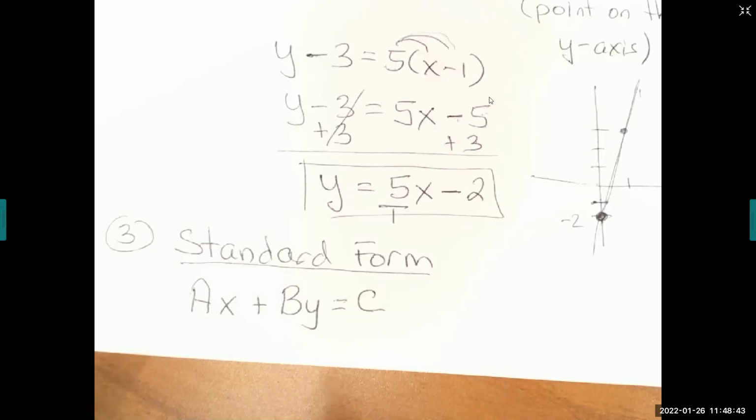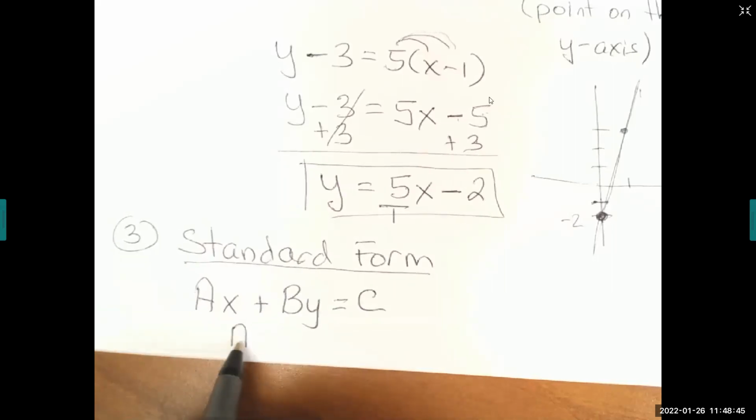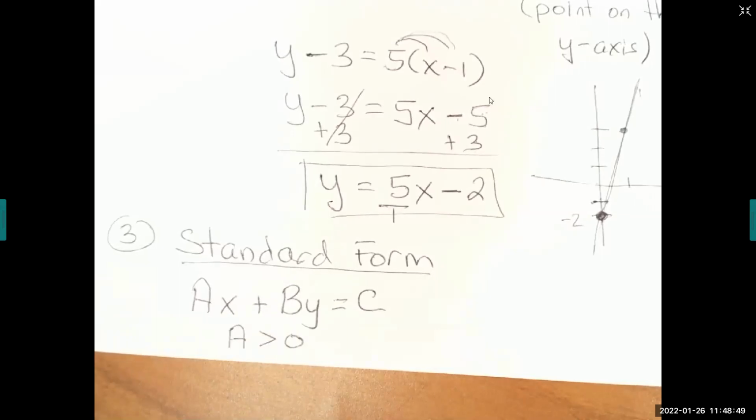One more stipulation. A has to be greater than 0. We'll talk about how to do that in a second.